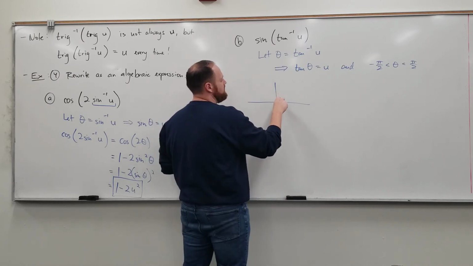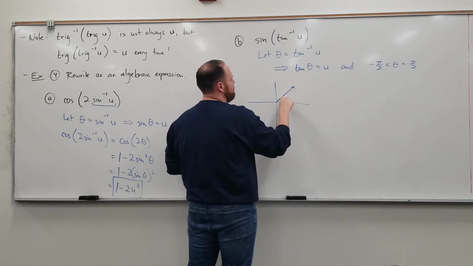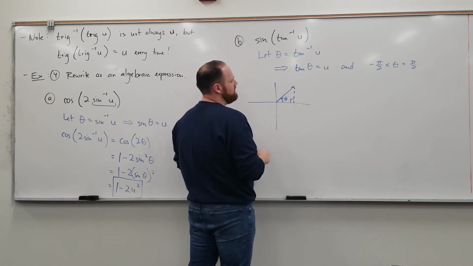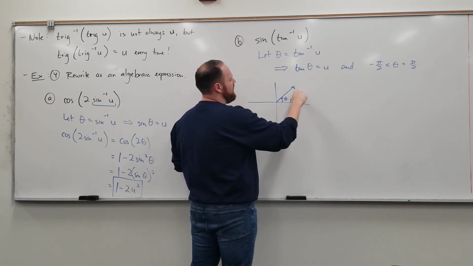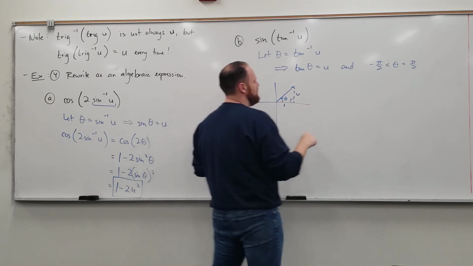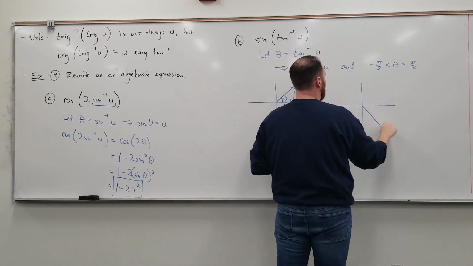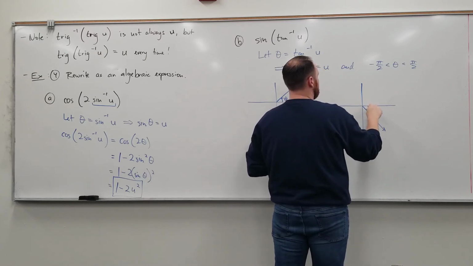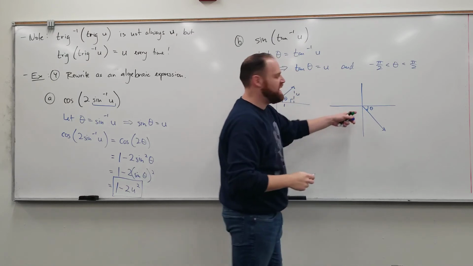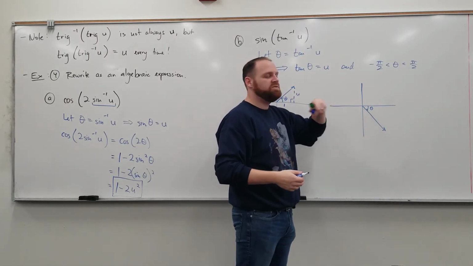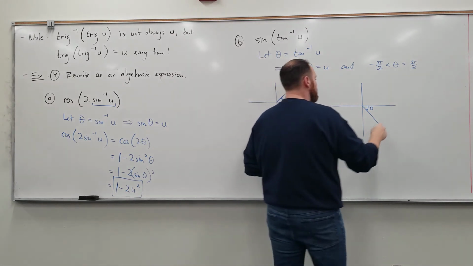If theta is in quadrant 1, then we've got this scenario. So we've got opposite over adjacent. If theta is in quadrant 2, it would have to be the negative, or sorry, not quadrant 2, quadrant 4. If theta is in quadrant 4, it would have to be the negative angle in quadrant 4.